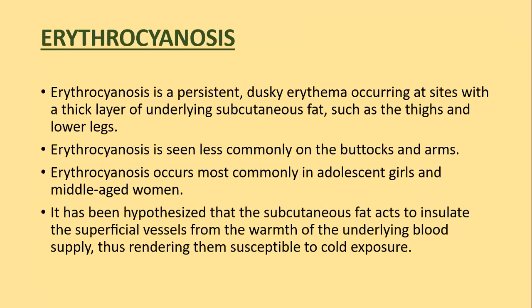So it is common on buttocks and arms, and most commonly seen in girls because they have a thick fat layer, and middle-aged women. It is hypothesized that the subcutaneous fat acts to insulate the superficial vessels from the warmth of the underlying blood supply, thus rendering them susceptible to cold exposure.